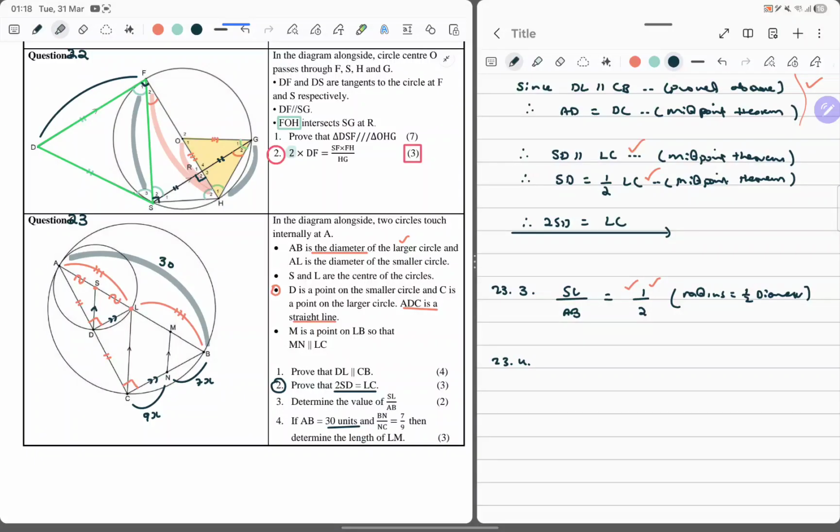Please choose a multiple when given the ratios because it doesn't mean those are the units. Determine the length of LM. So we want this one.